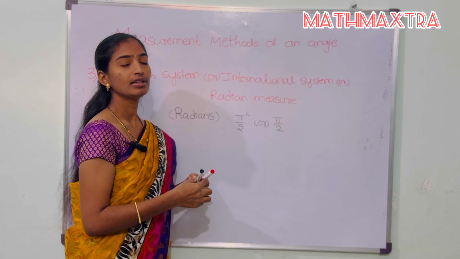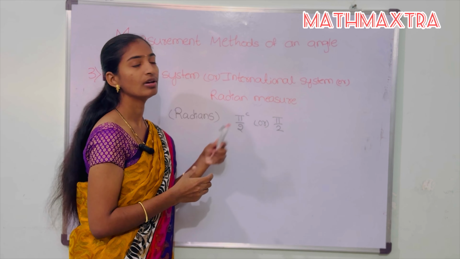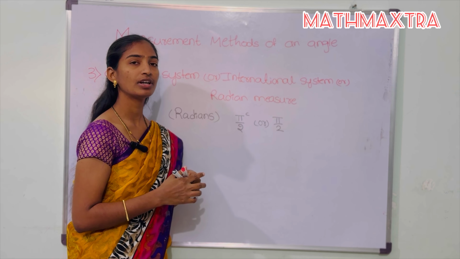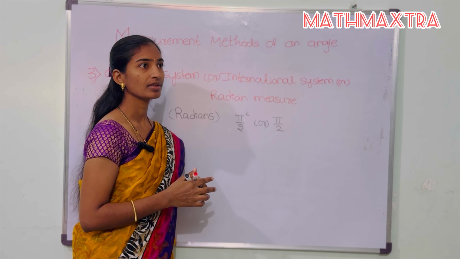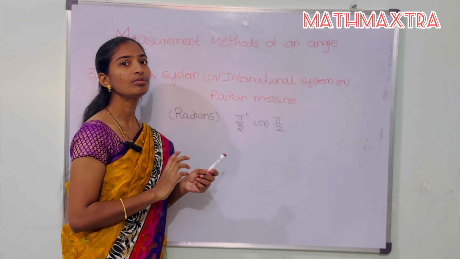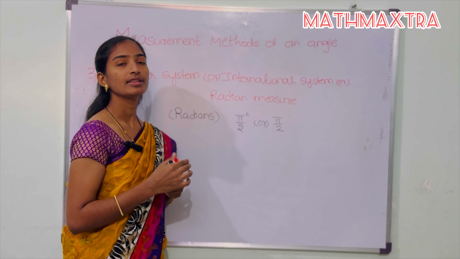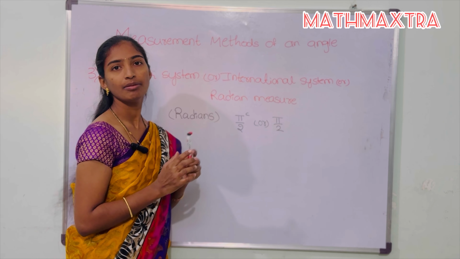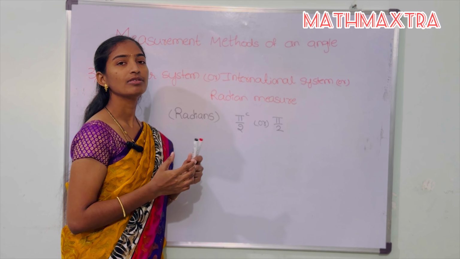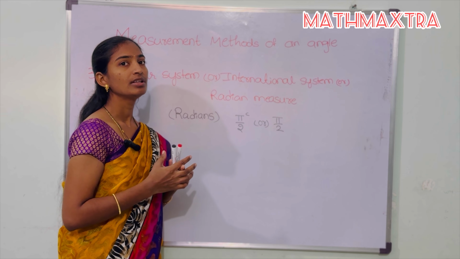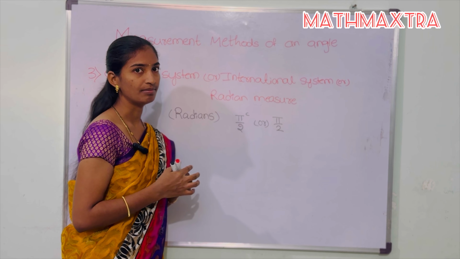In general we don't use C in the superscript for the measurement of radians. In the books also, they don't mention it for radians. They simply give us a number itself, so we can understand it is in the radian system. Okay.